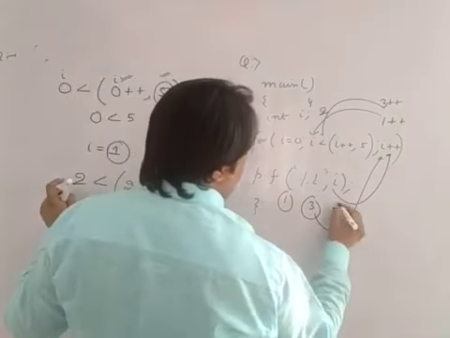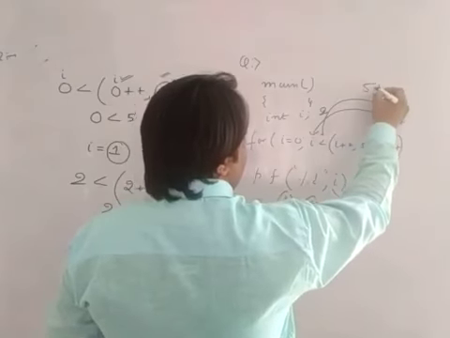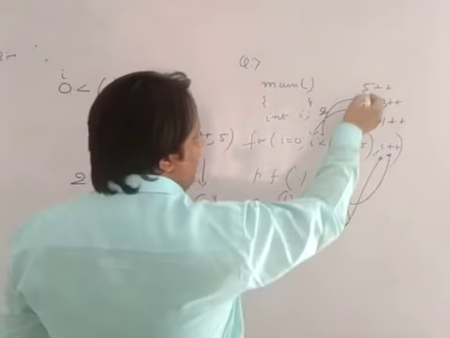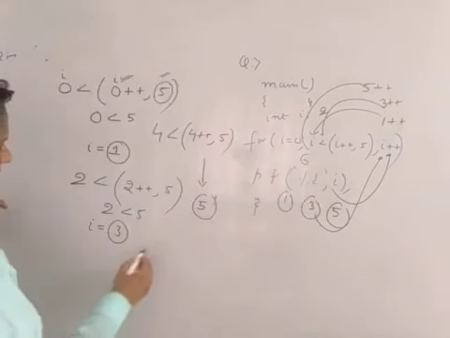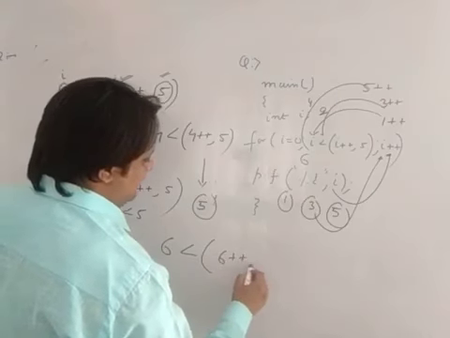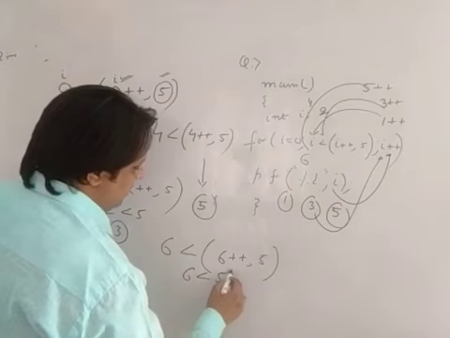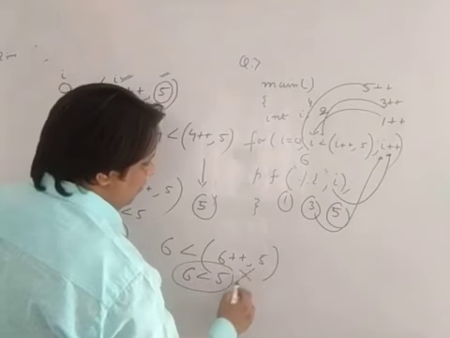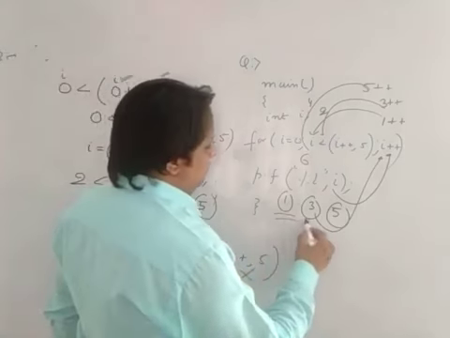After 5, you come to i++, which is 5++, and when you come to this i, it is 6. Now this is 6 < (6++, 5), which is nothing but 6 < 5. This condition becomes false and you will come out of the loop. The answer is 1, 3, 5.